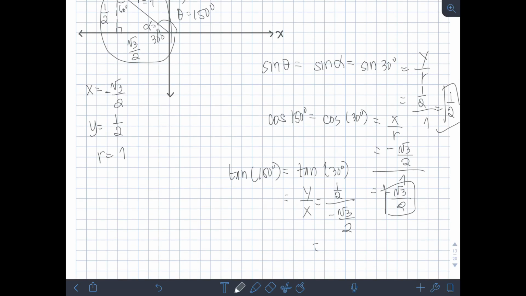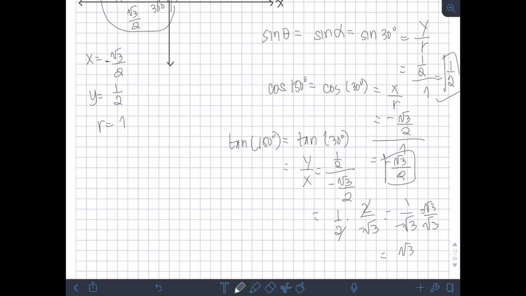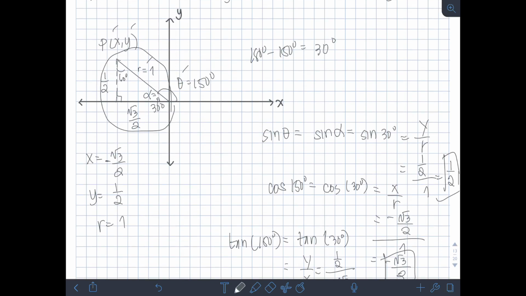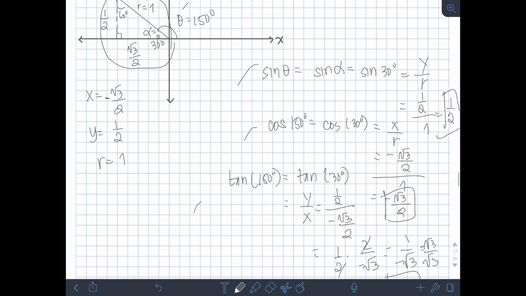So, parang we have 1/2 times 2 over negative square root of 3, or 1 over negative square root of 3, or rationalize square root of 3 over square root of 3, we have square root of 3 over 3 negative. Okay? Tapos yung other 3 trigonometric ratios, reciprocal lang naman sila nung tatlong to.